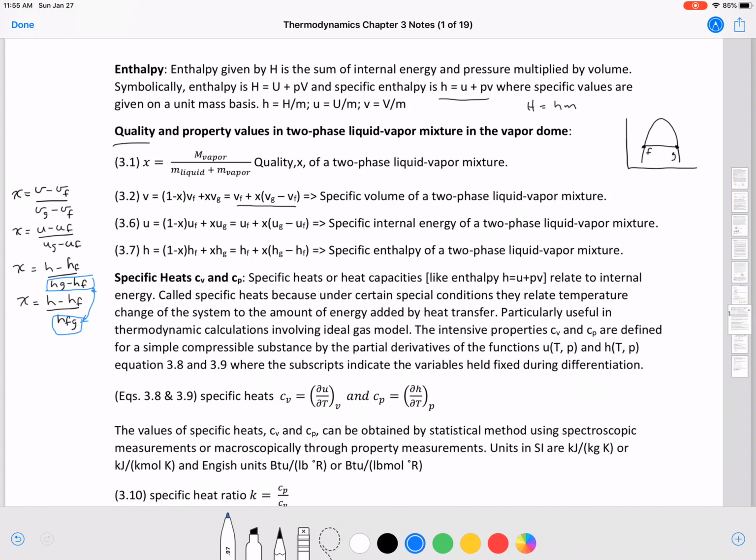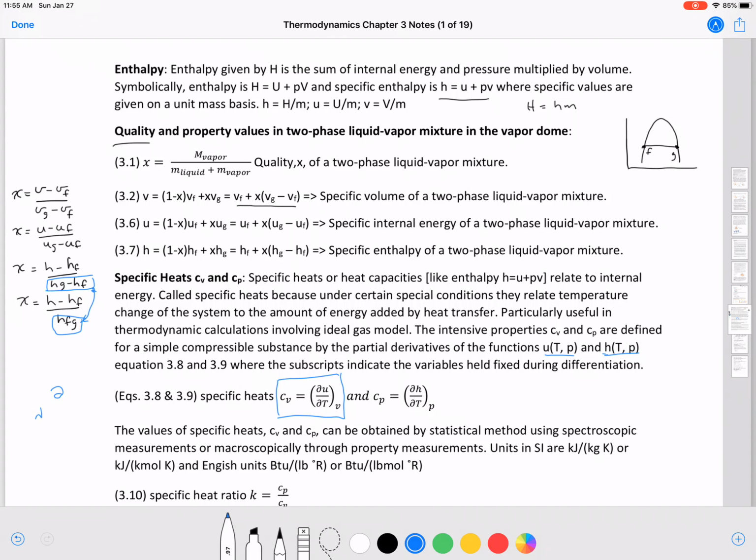They're intensive properties, and they're defined for simple compressible substances by the partial derivative of the functions. So our functions of internal energy and enthalpy are functions of temperature and pressure. And so we use a partial derivative, which means, if we look at it here, cv is the partial derivative. That's what this symbol is, a partial derivative.